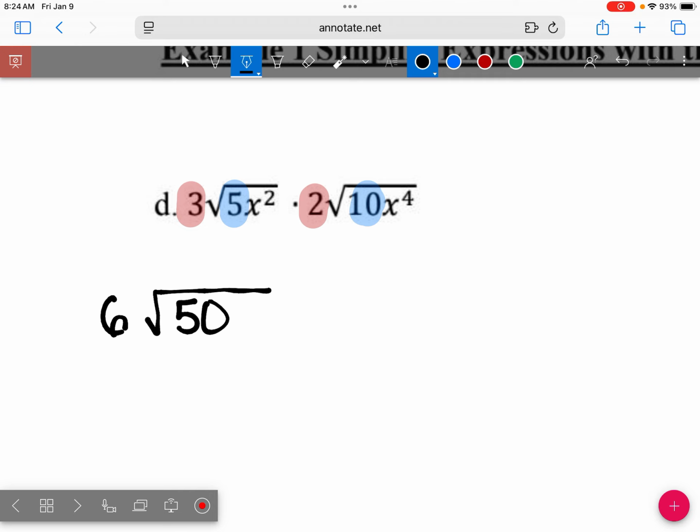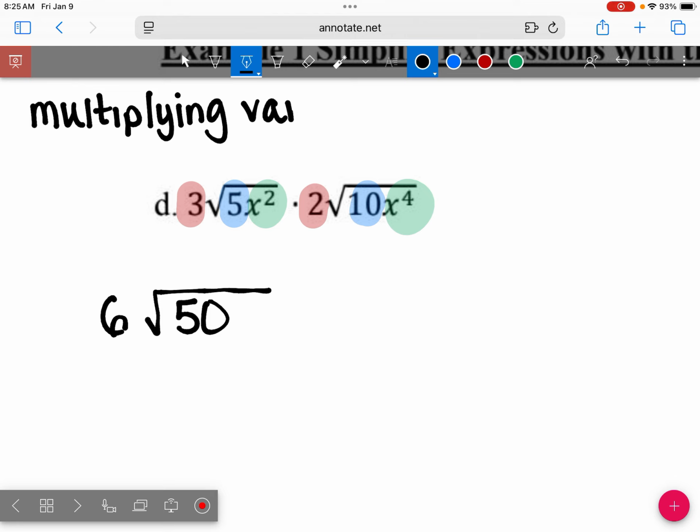And then what do you do with your exponents when you multiply variables? Anybody remember? You add them. Let me write that. When you're multiplying variables, that's when you add the exponents.